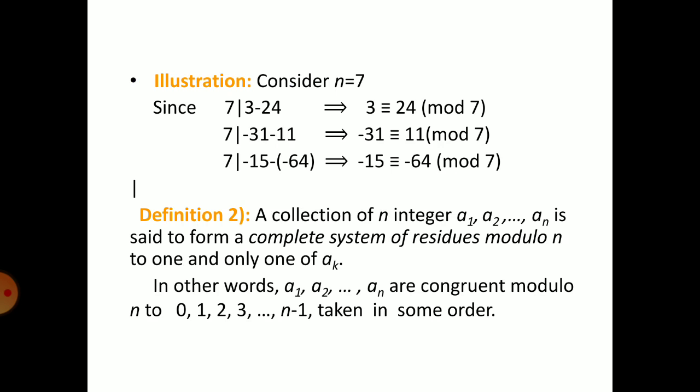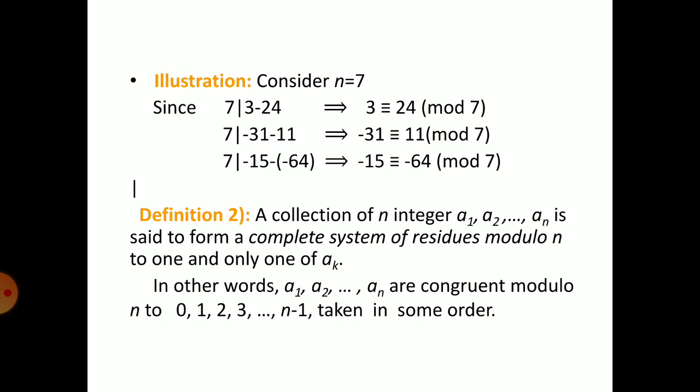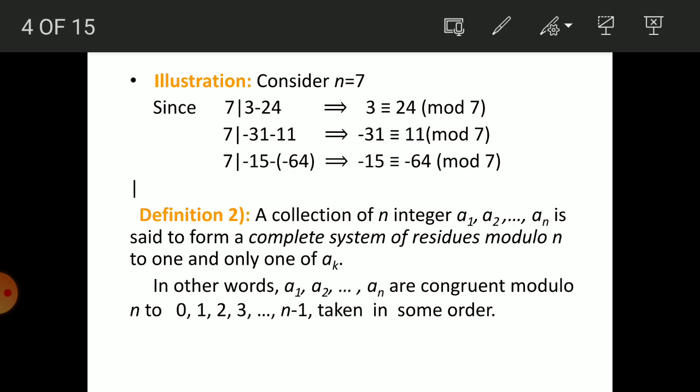because 3 minus 24 is minus 21, and we know that minus 21 is divisible by 7, and therefore we can write 3 is congruent to 24 mod 7. Similarly, 7 divides minus 31 minus 11, because minus 31 minus 11 equals minus 42, and we know that minus 42 is divisible by 7, and therefore we can write minus 31 is congruent to 11 mod 7.